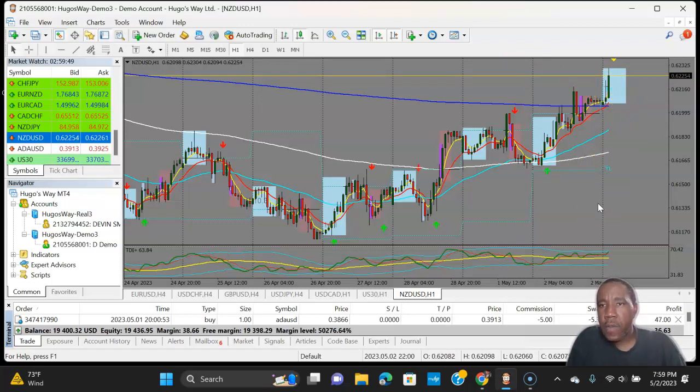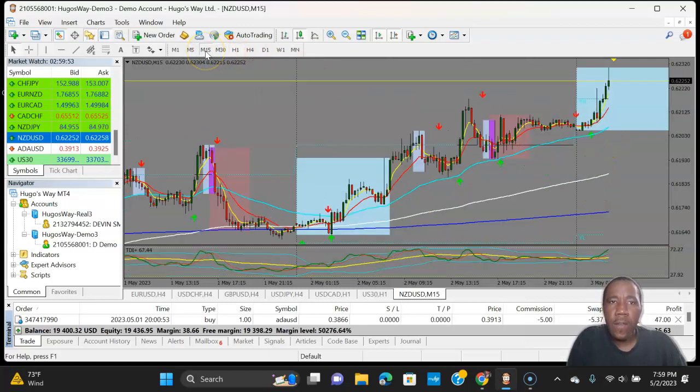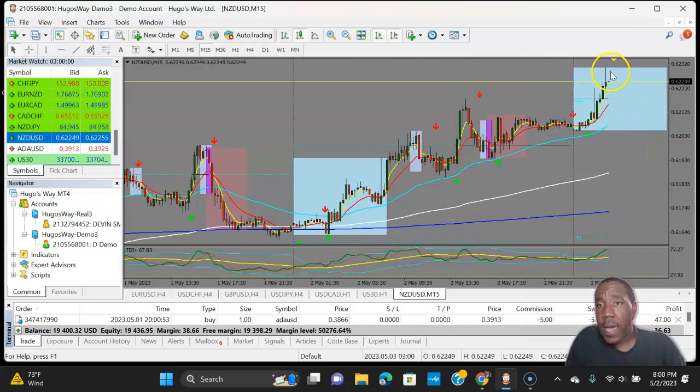Our indicators, just for better confirmation, we'll look at the 15-minute chart. Looks pretty good. That was the high on that wick.